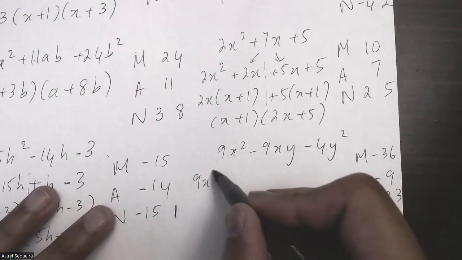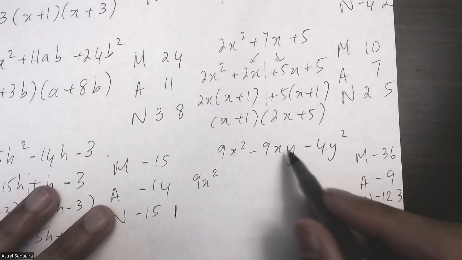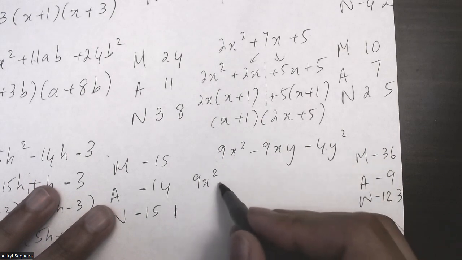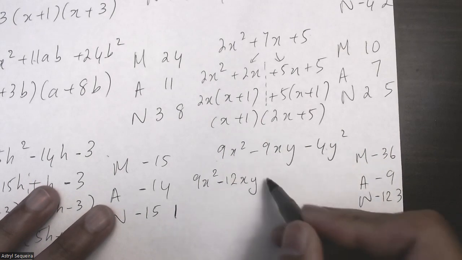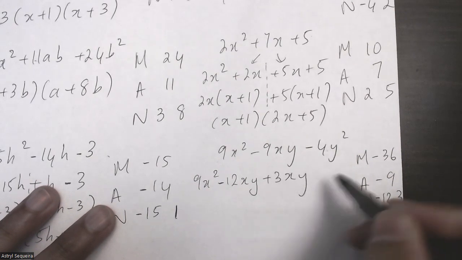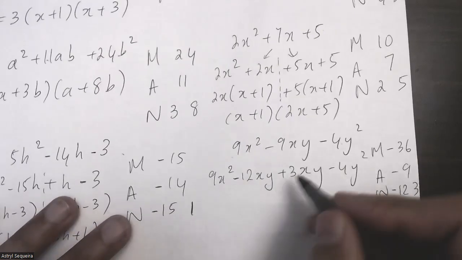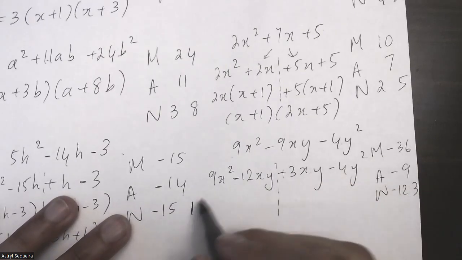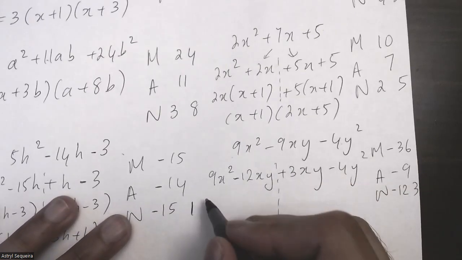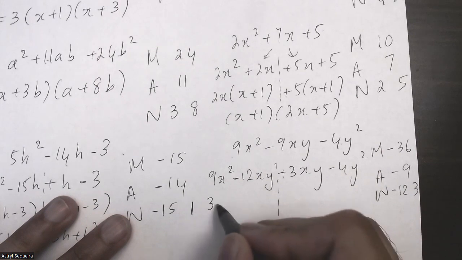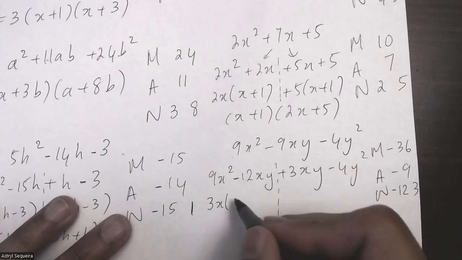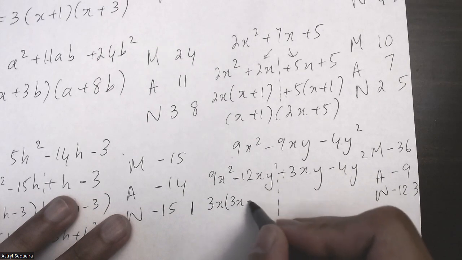So I have 9x squared. Now I have to break down the middle term, which is an xy term. So my two numbers, -12 and +3, are going to be xy terms. It's 3xy minus 4y squared. I'm going to squeeze this in now. I'm factoring by grouping. So my common factor for these two is 3x. And I'm left with 3x minus 4y.